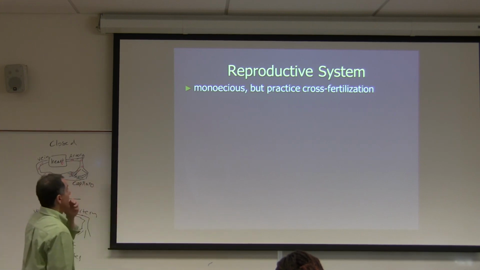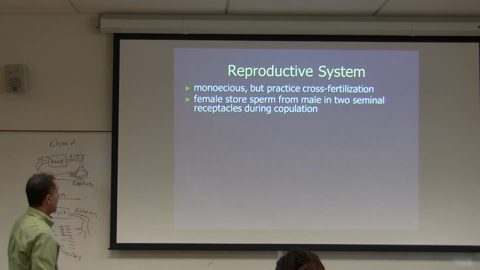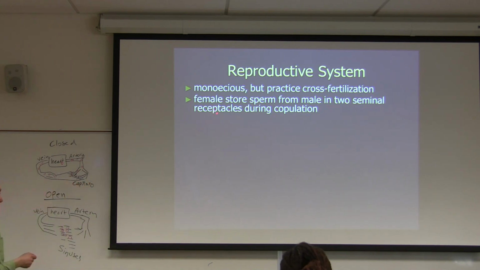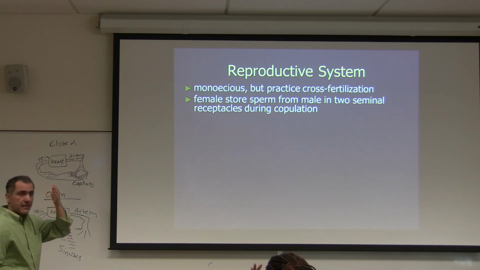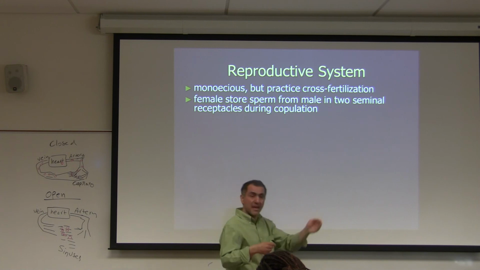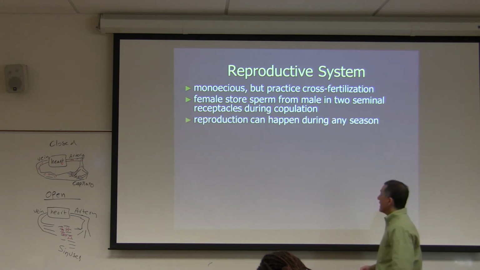I talked about that. But they practice cross-fertilization, of course. Females store sperm from the male in two seminal receptacles, easy to memorize. Seminal receptacles receive sperm. Seminal vesicles make sperm and egg. Those are the structures that make sperm and egg.